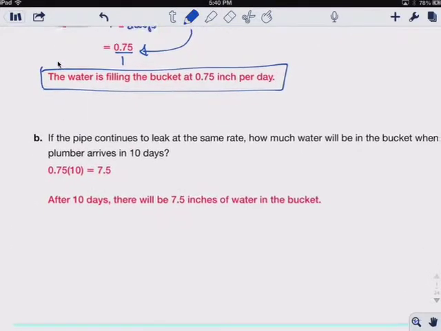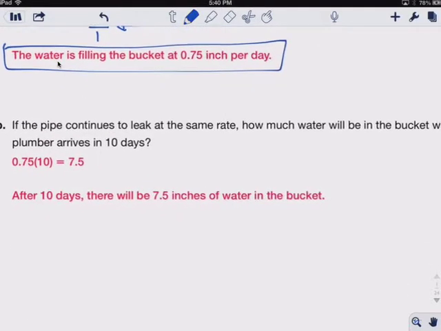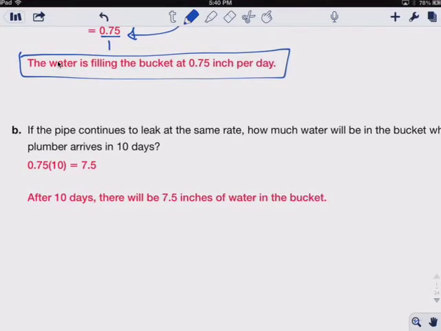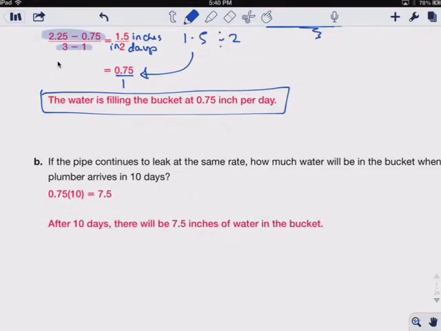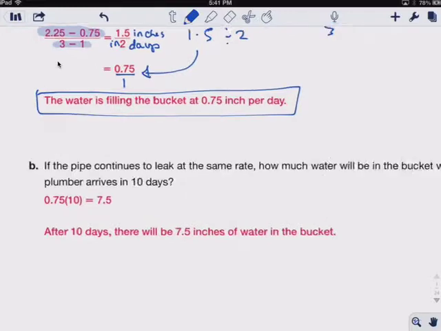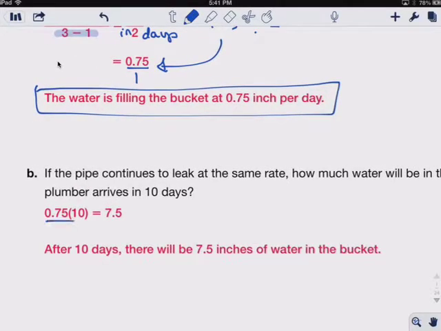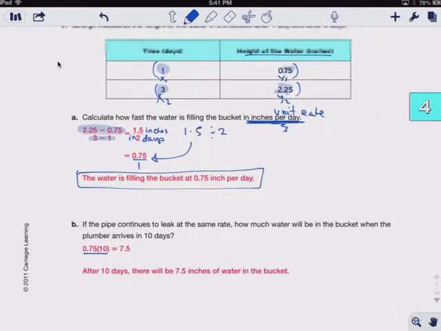Very important. The pipe continues to leak at the same rate. How much water is in the bucket when the plumber arrives in 10 days? Oh, the plumber arrives in 10 days. So in 10 days, you multiply that times the rate, basically. The number of days times the rate will get you the answer.